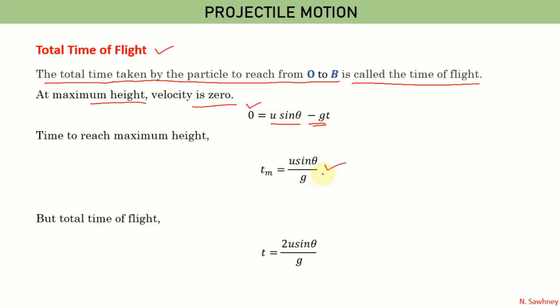But we need to find the total time taken. See here, this is the time taken to reach from point of projection to maximum height. And what we need is the total time from the point of projection up till point B. So by symmetry, it will be simply twice of this time we have calculated above. So the total time of flight will be 2u sin theta by g.